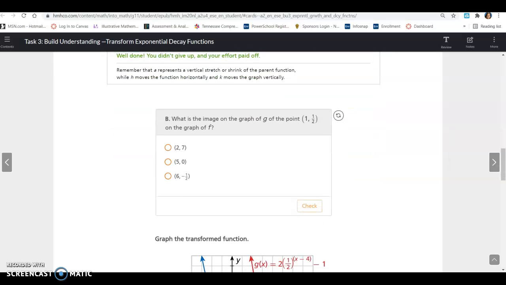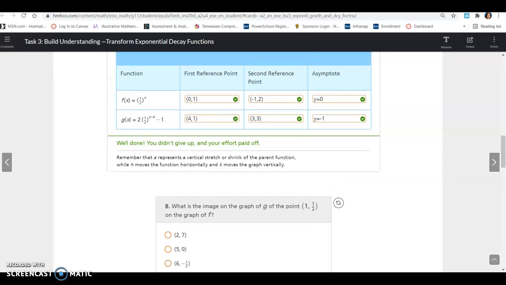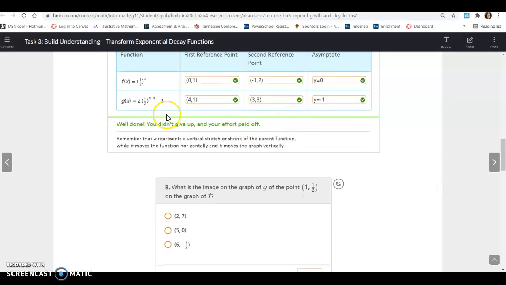All right, what is the image on the graph of g of the point 1 and 1/2? All right, if I look at 1, I'm going to go from 1, I'm going to go plus 4, which is 5.